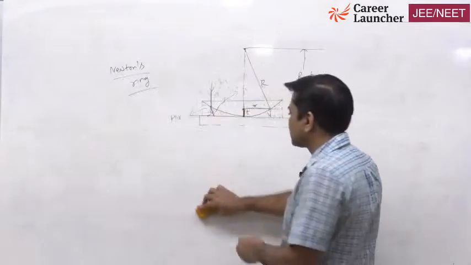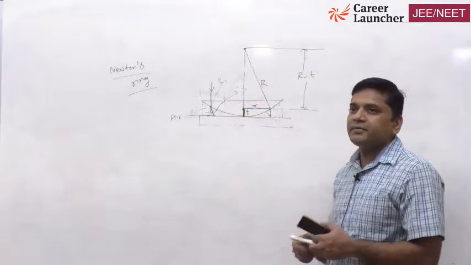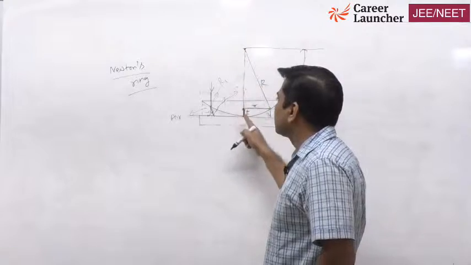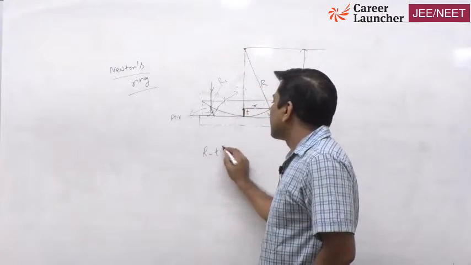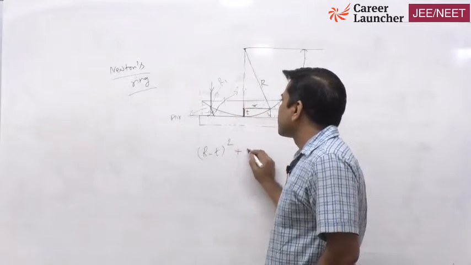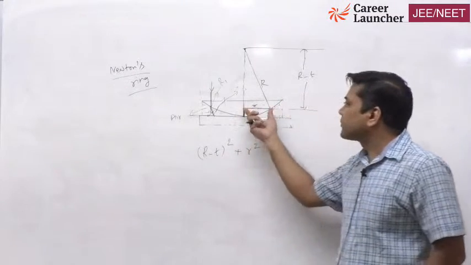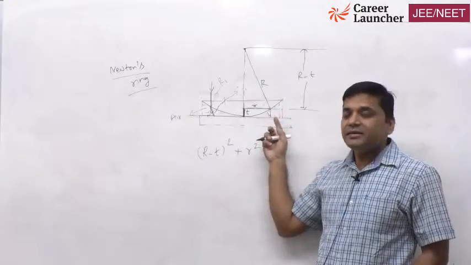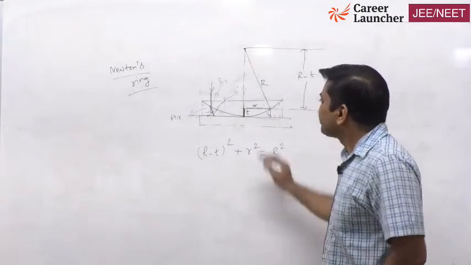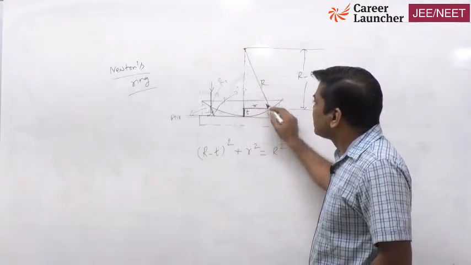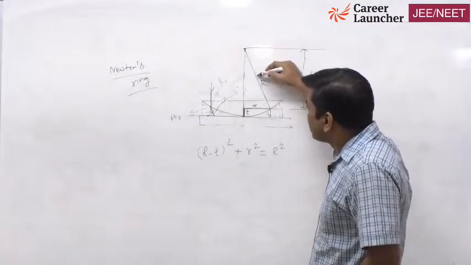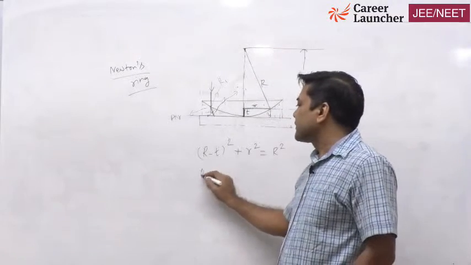I don't need to draw this diagram, you can understand from here itself. You can write like this, in this right angle triangle, (R minus T) the whole square plus r square, where r is the radius of the ring where thickness is T, equal to R square. Check. In this right angle triangle, (R minus T) the whole square plus r square equals capital R square. Solve it further.